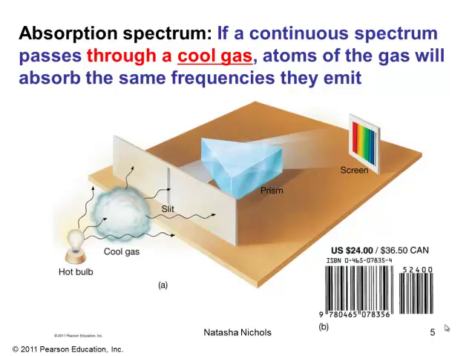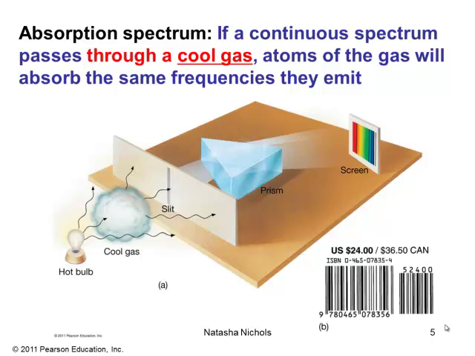These lines are formed when the intervening cool gas absorbs certain wavelengths or colors from the original beam of light. The absorption lines appear at precisely the same wavelengths as the emission lines that would be produced if the gas were heated to high temperatures.